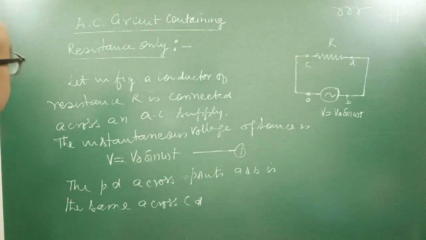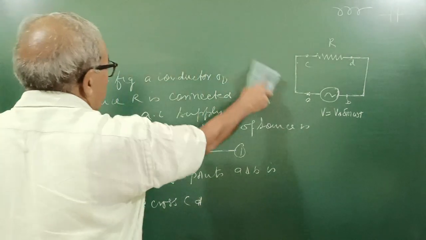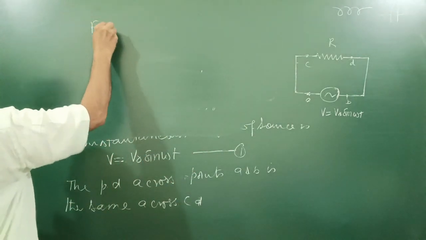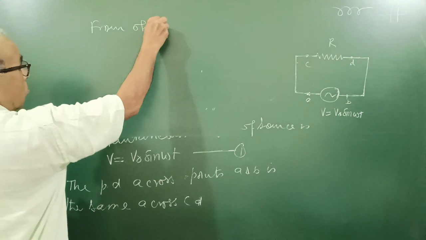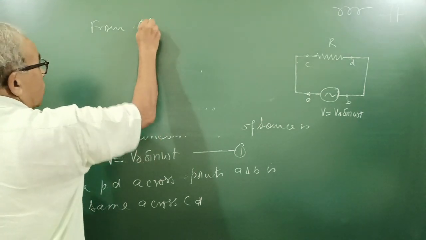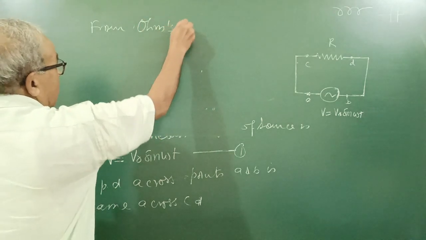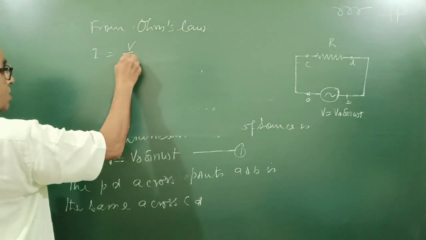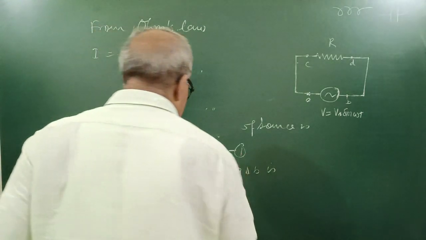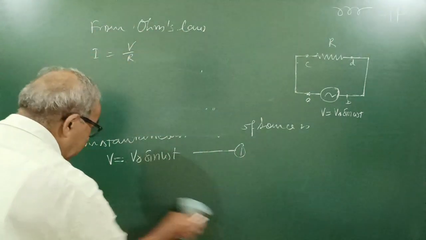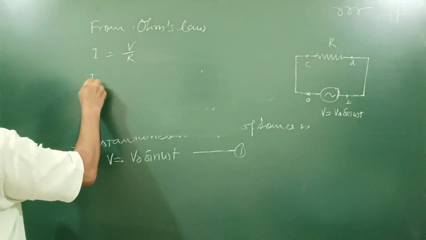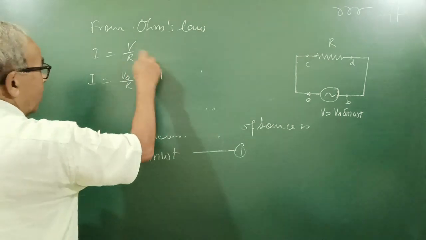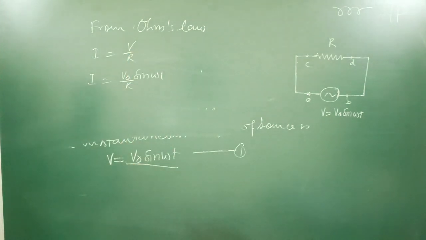So the current in the circuit: Ohm's law is valid here also, right? From Ohm's law, I is equal to V by R, but V is, by equation 1, V0 sin omega t. So I is equal to V0 upon R sin omega t, as V equal to V0 sin omega t.